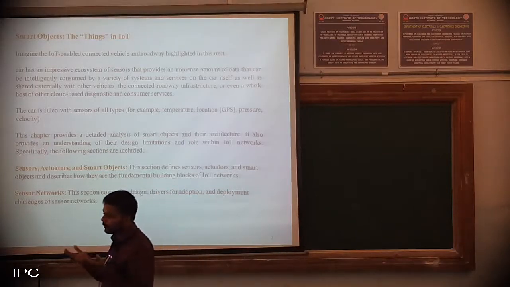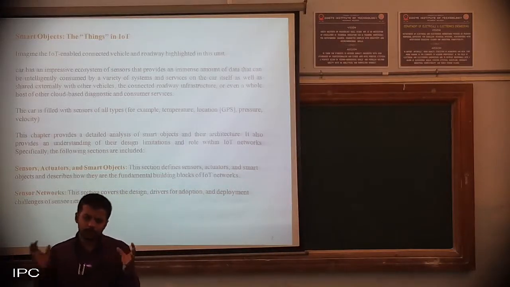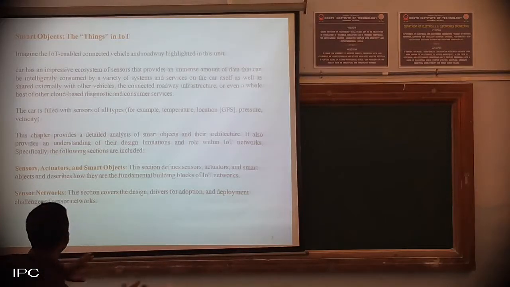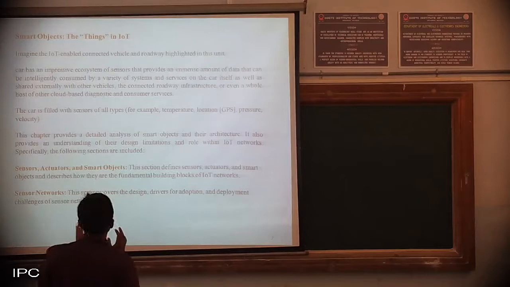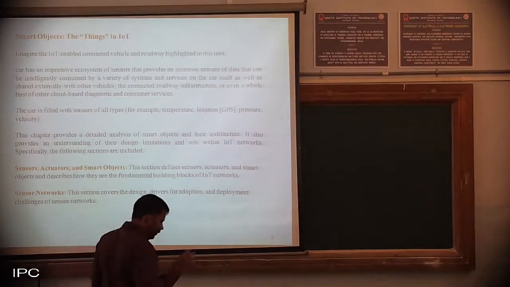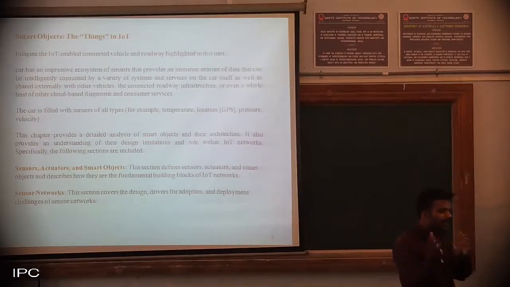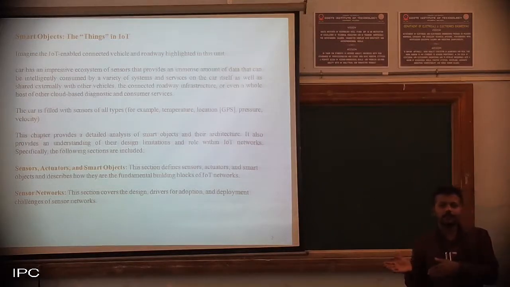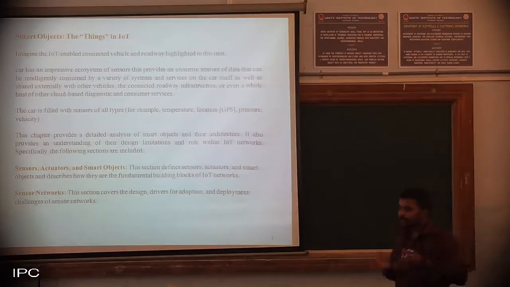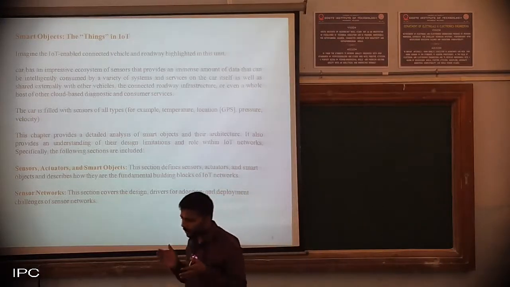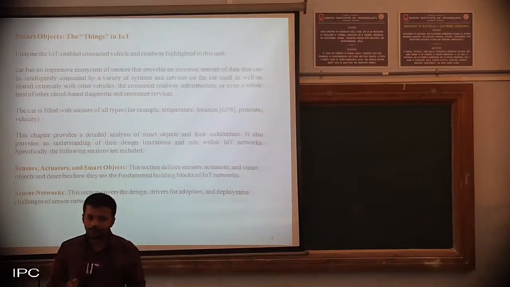Whoever is driving can come to know those parameters, and it can be sent externally to other vehicles. If there is traffic, it can be shared with the other vehicles, so other vehicle owners will come to know that there is traffic on this particular road, and if there is any problem, they will come to know.